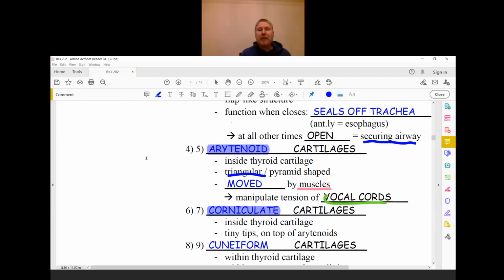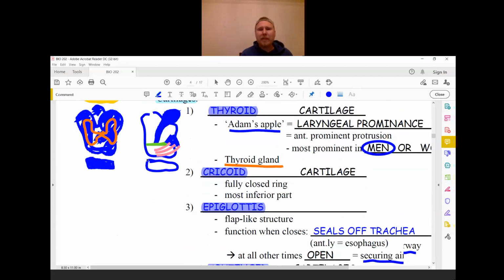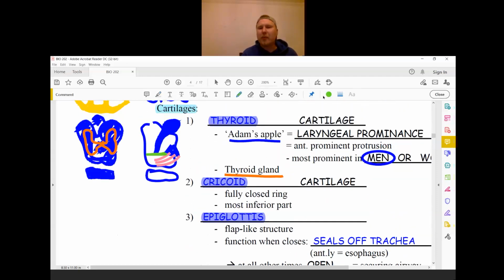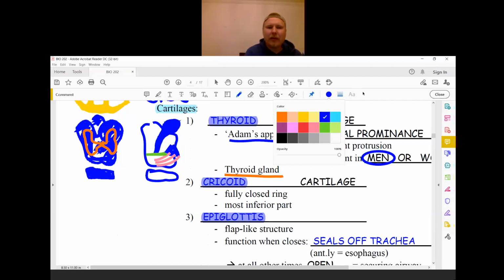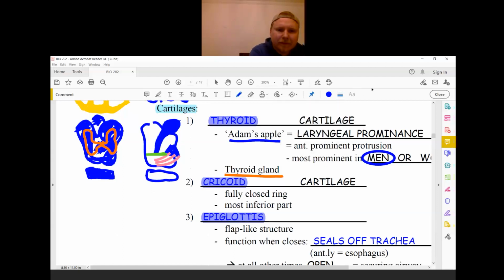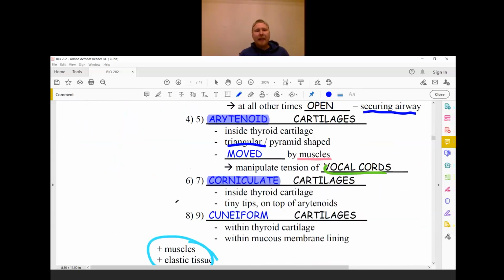Let's add corniculate cartilages. These are tiny tips on top of the arytenoids. So two of those as well. Let's add them to our diagram here. One on each side. And finally, I want to add also another double structure on the left and right side called cuneiform cartilages.